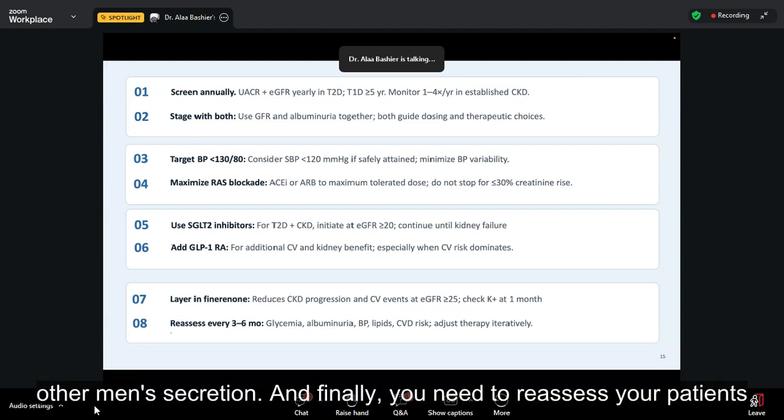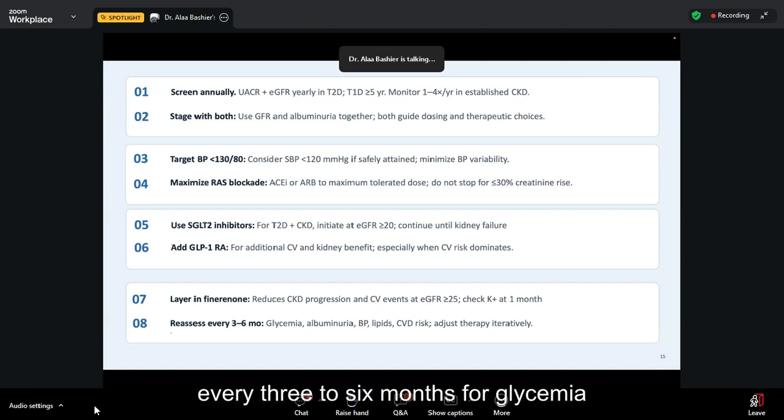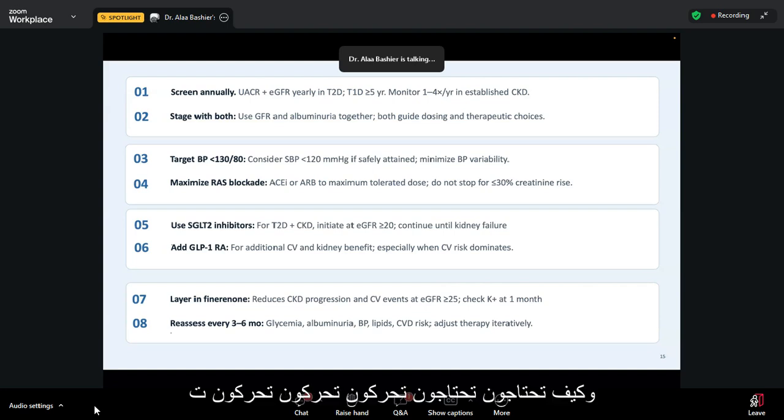And finally, you need to reassess your patients every 3 to 6 months for glycemia, albuminuria, blood pressure, cardiovascular risk, and you might need to readjust your medications based on the eGFR and the albumin excretion.